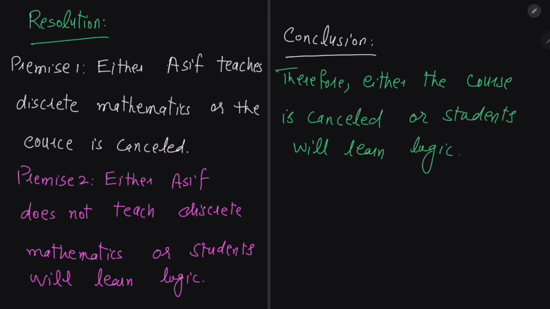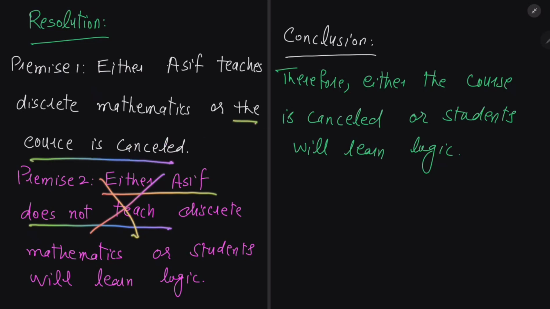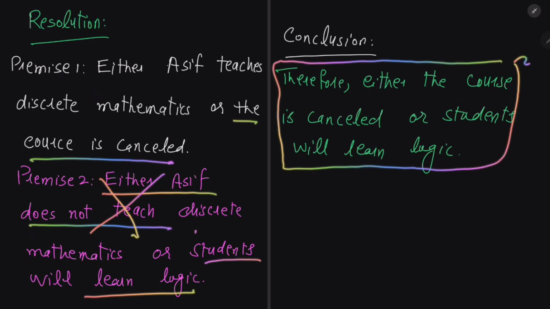That's how we can draw the conclusion. Why is this the conclusion? Since there is a negation in premise 2, it means that this cannot happen. What can happen is the course is cancelled. This part of the premise survived, and students will learn logic also survived, so these two statements make a resolution.